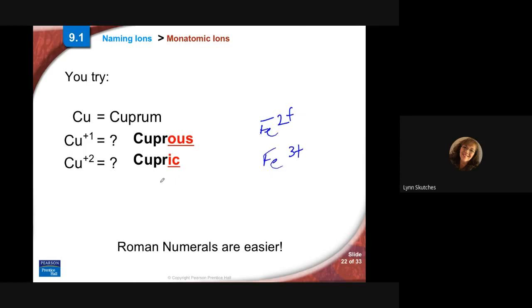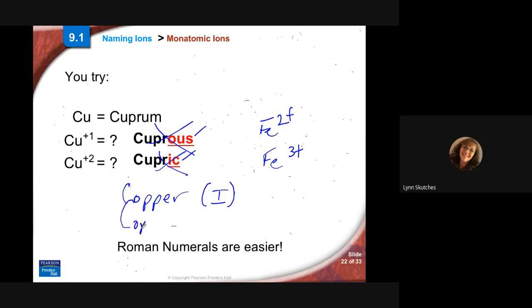These endings are great if you know more about chemistry, but they don't tell you the actual value. It's much better if you just say copper 1 and copper 2. You don't have to guess what the charge is.